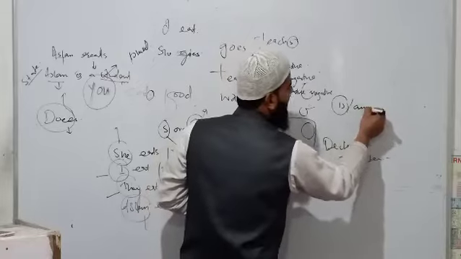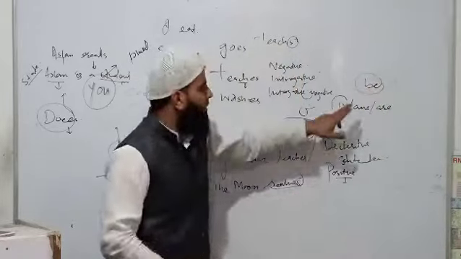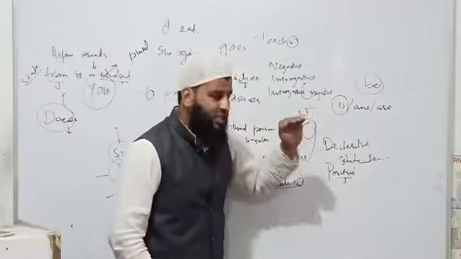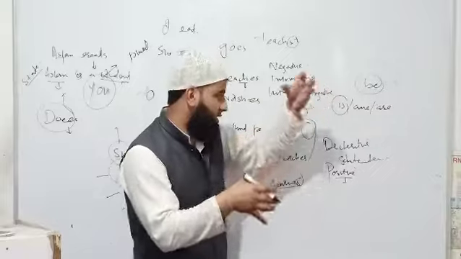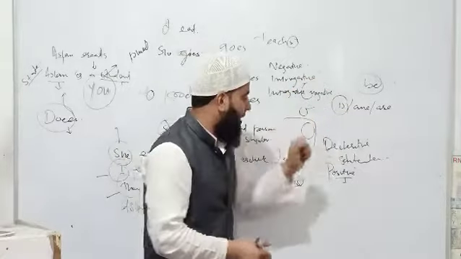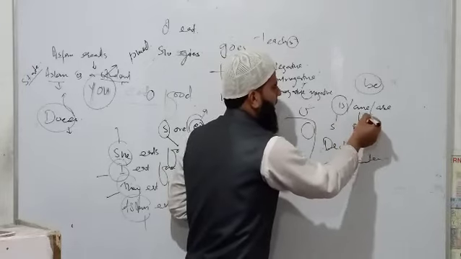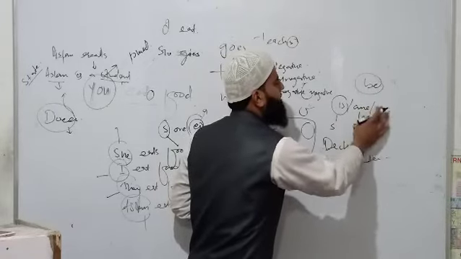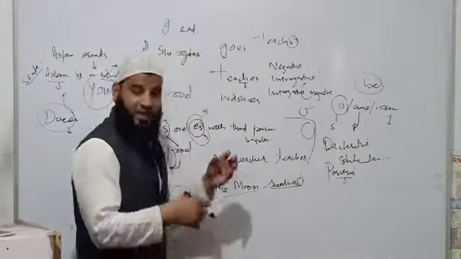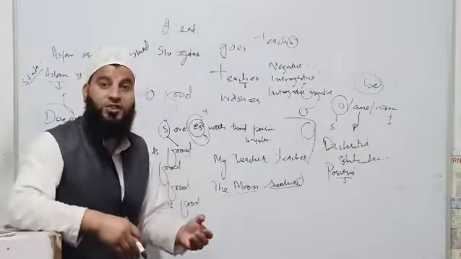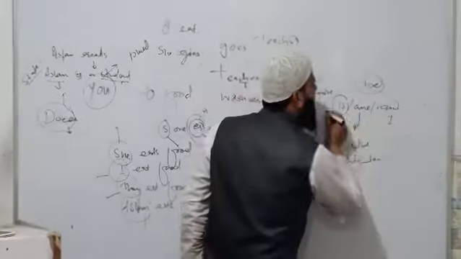Is, am, are. These are from the verb be. The base form is be, and from be we get the first forms is, am, are. Is is for singular, are is for plurals, and am is for I. If I have to talk about actions which are true in nature, I use the is, am, are form.